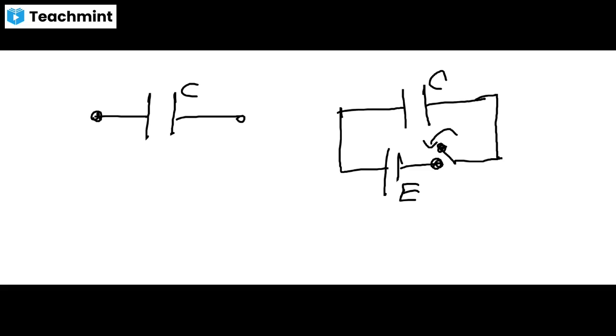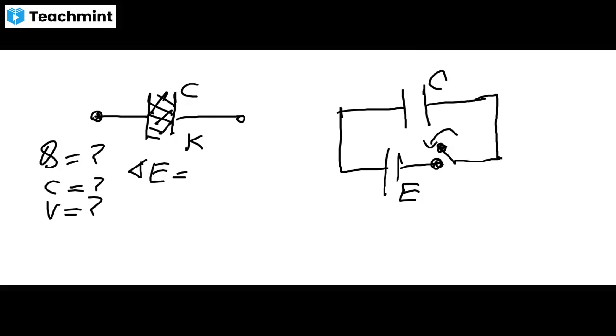In this situation, if I fill the region between the plates with some dielectric material having dielectric constant K, you have to find out the value of the charge, the value of the capacitance, the value of the potential difference between the plates, and the change in energy.